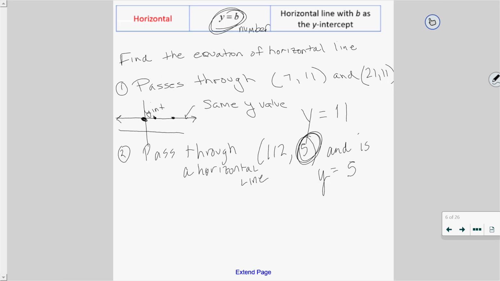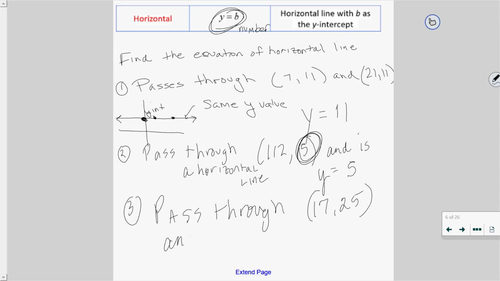So if I'm telling you it's a horizontal line, this one's the hardest one. Passes through 17, 25 and has a slope of 0.